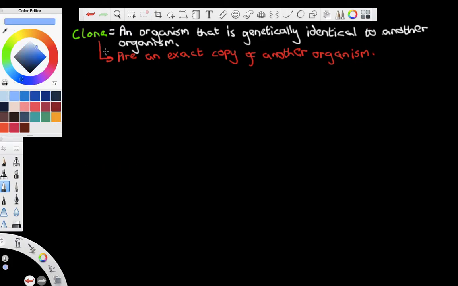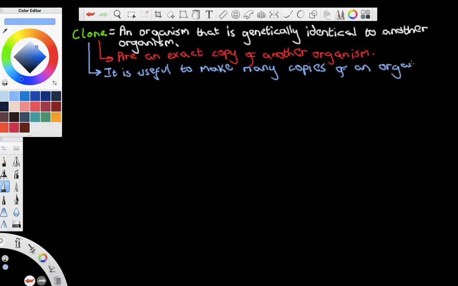So we can put underneath here, we can say that it is useful to make many copies of an organism with a specific trait.